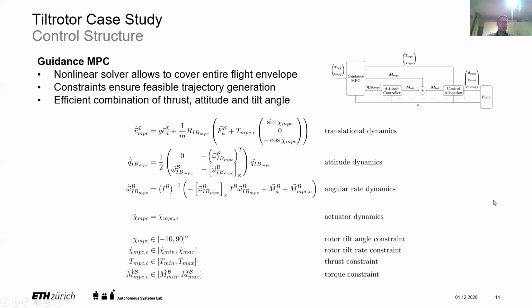So the MPC can only run at 20 Hertz, which is rather slow for this type of aircraft, especially in rotary wing mode. And so by using this attitude controller, which runs at 100 Hertz, we can track the desired attitude trajectory of the MPC and thereby, as I mentioned, improve the overall stability of the platform.